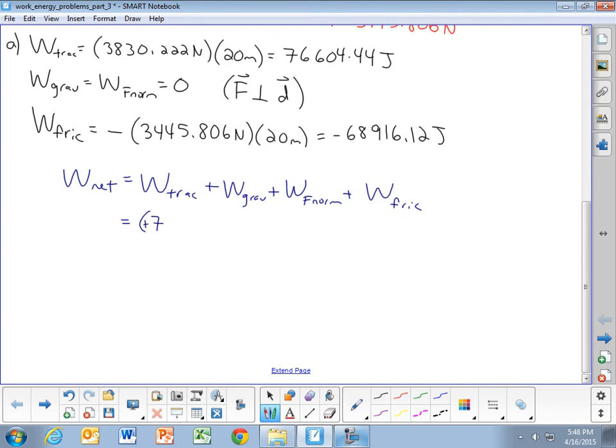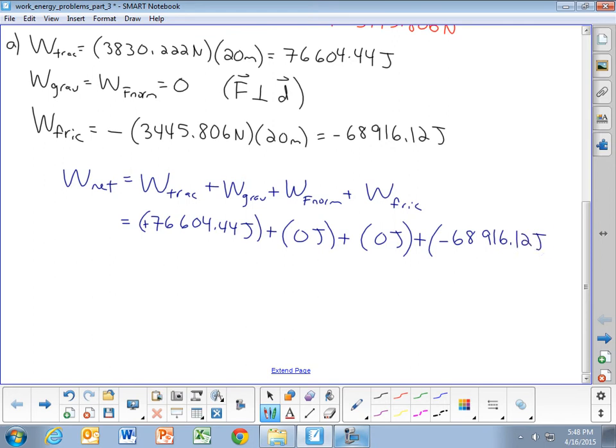So I have positive 76,604.44 joules. The work done by gravity was 0. The work done by the normal force was 0. The work done by friction was negative 68,916.12 joules. If I add all those together, the total work done is 7,688.32 joules.